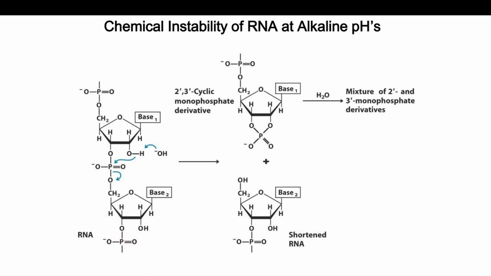There are further phosphodiester linkages downside. However, upon alkaline attack, in an alkaline medium, this particular nucleotide goes off, giving rise to a 2', 3' cyclic monophosphate derivative and a shortened RNA strand, and eventually you have a mixture of 2' and 3' monophosphate derivatives. Okay.